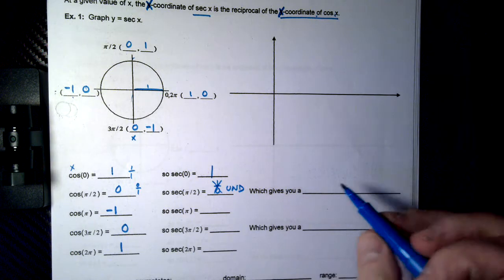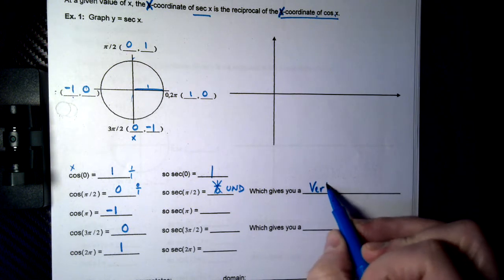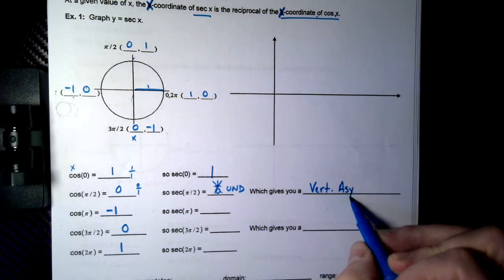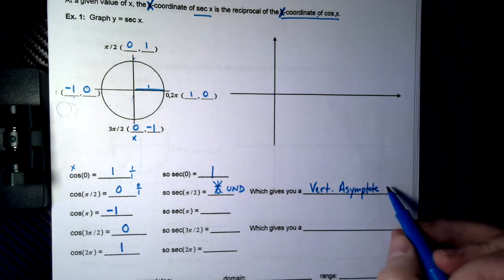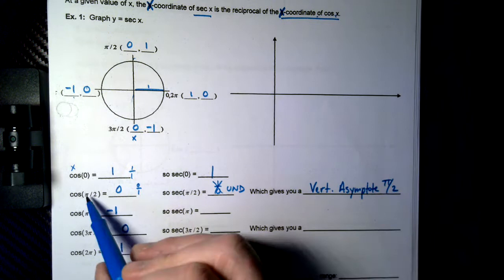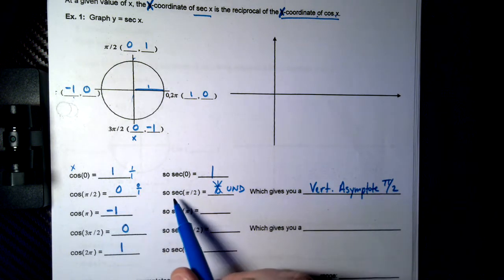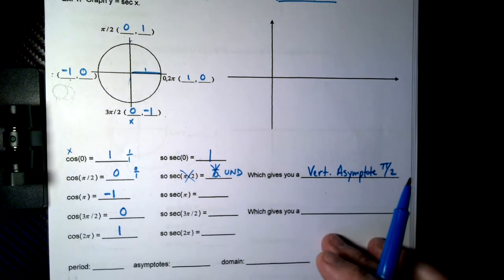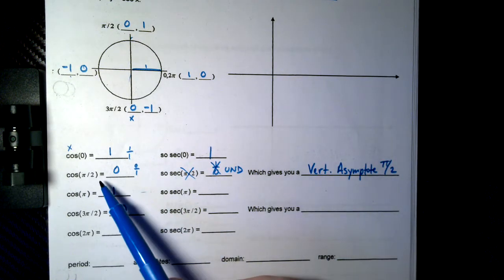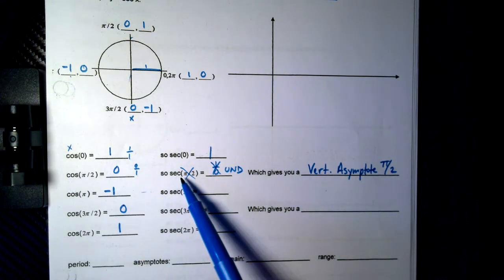That gives you a vertical asymptote, just like tan and cotan. Vertical asymptote at pi over 2. Pi over 2 is not a number that you can do secant of, right? You can't plug in pi over 2 and ask for secant. I can ask for cosine, but I can't ask for secant.